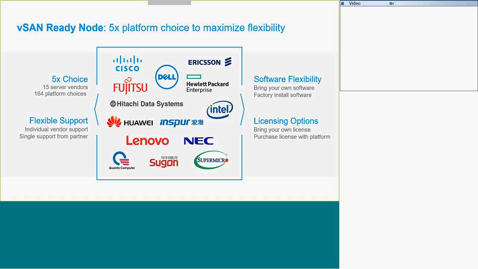You can buy the specific SKU that's referenced by the vendor that certified it, and it's pre-installed with the software. Or you can buy just the hardware and you install the software yourself and configure it.